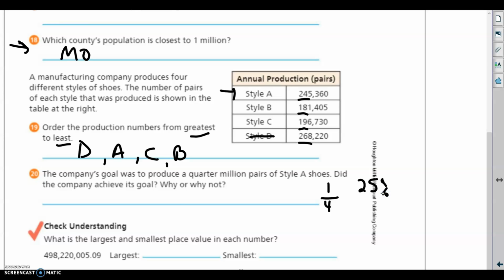Okay, 1/4 of a million, you divide 1 million by 4. You could think of it this way too. It's actually going to be 250,000. You might hear about somebody's houses for sale for 250,000. So which one of those would be? So sorry. Did they make it to 250,000? No, they were short.